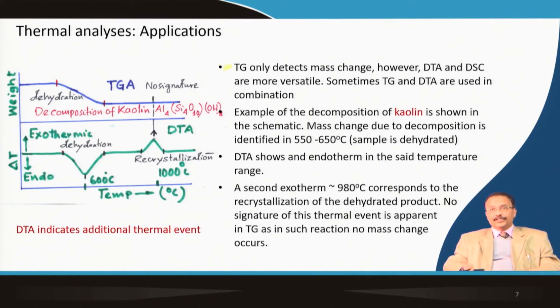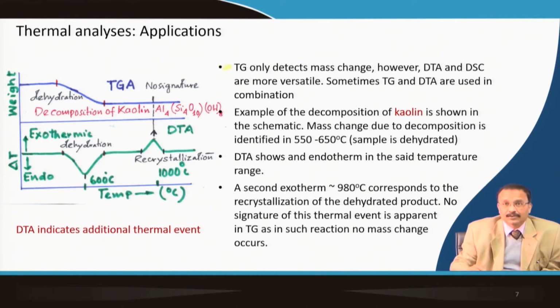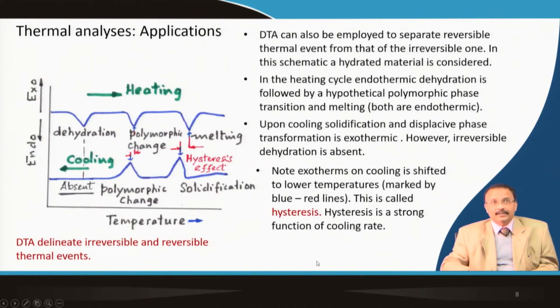You will not get this signature in thermogravimetric analysis because there is no mass change involved in this crystallization, but DTA can detect it. So, DTA, in addition to thermogravimetric analysis, can detect additional thermal events in the sample.